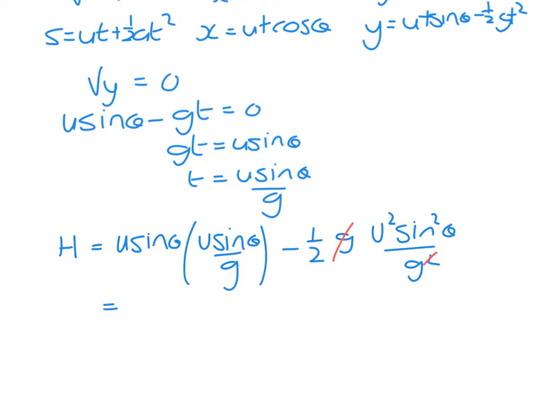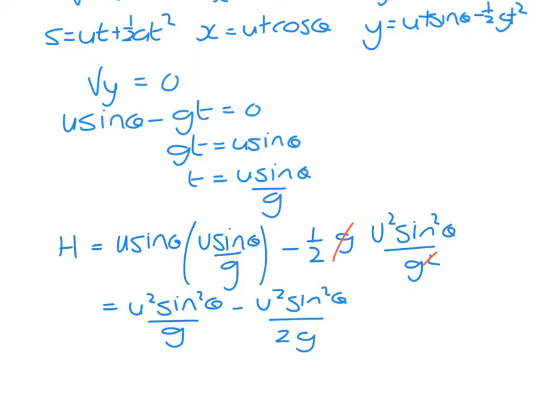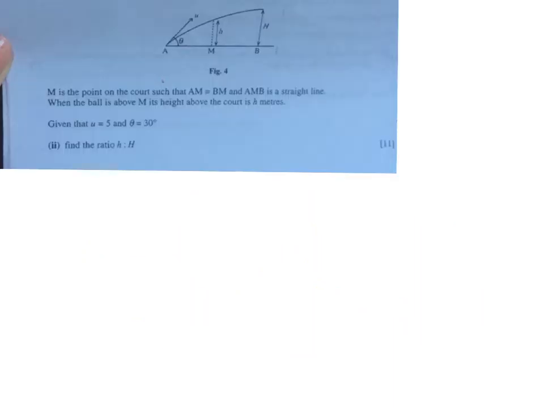So we have u squared sine squared theta over g minus u squared sine squared theta over 2g, which is u squared sine squared theta over 2g. So we start with h, which is u squared sine squared theta all over 2g.